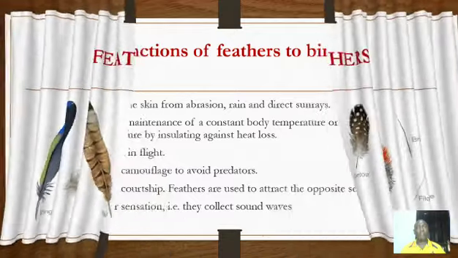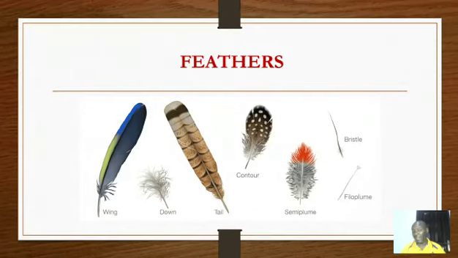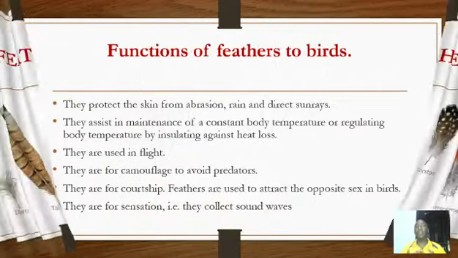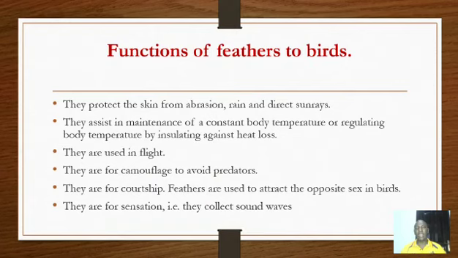These feathers that you see, like we're going to see again in detail, they insulate the body of the bird. By insulating the body of the bird, they reduce heat loss. In so doing, they bring about maintenance of a constant body temperature.